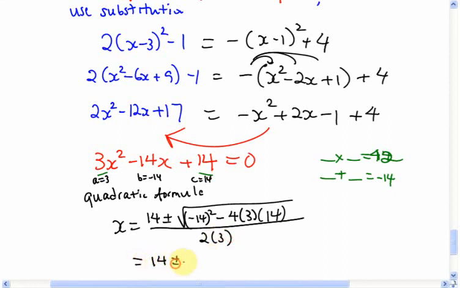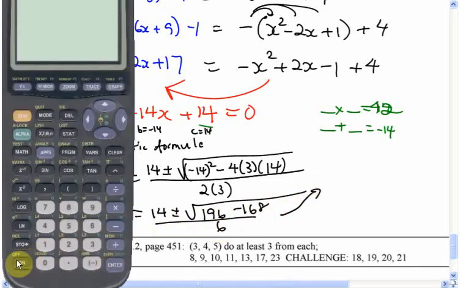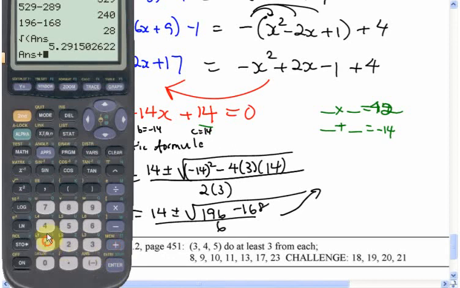Yikes, nasty. 4 times 3 is 12, times 14 is 168. Whoa. Okay, I think we're getting decimals here. 196 minus 168. Oh yeah, root 28. That's about 5.29.